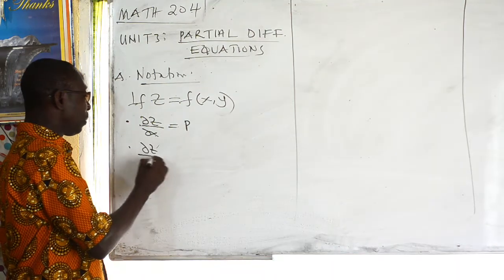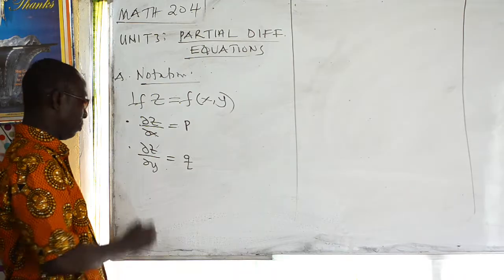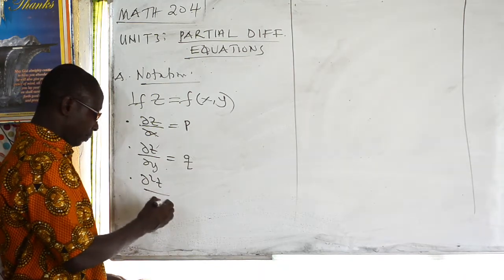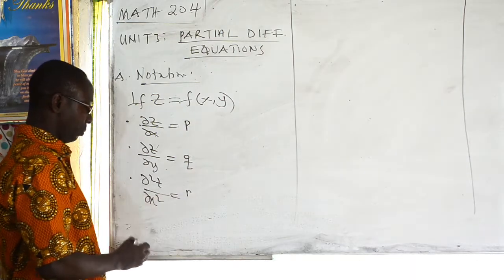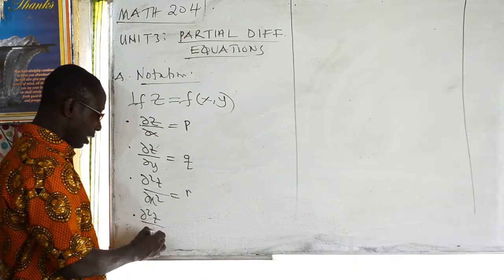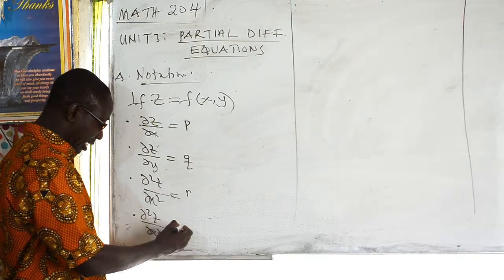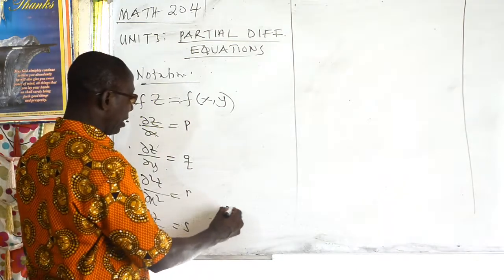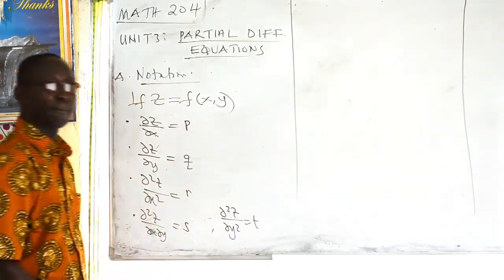The derivative of z with respect to y, replace it by the small letter q. The second derivative of z with respect to x squared, replace it with small letter r. The second derivative of z with respect to x and y, replace it by the letter s. And the second derivative of z with respect to y squared, replace it by the small letter t.